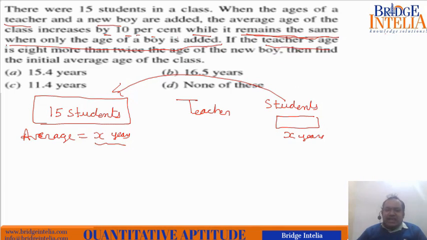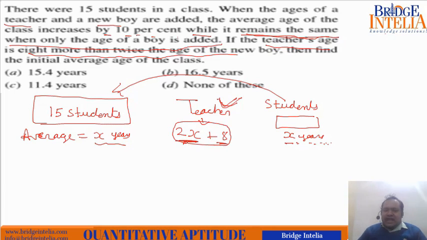The teacher's age is 8 more than twice the age of the new boy. So if the boy's age is x years, the teacher's age is 2x + 8.